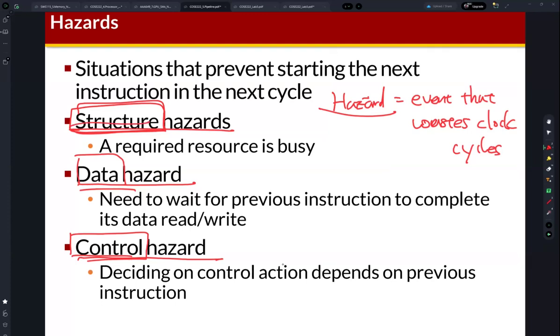The structure hazard is caused by some structure issue, like hardware resource issues. The data hazard is caused by data, like data dependency.